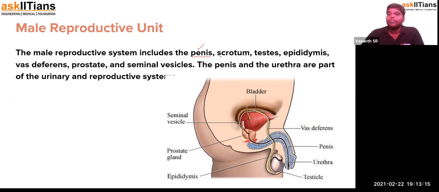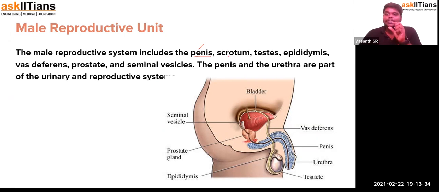The scrotum is a muscular bag of skin that holds the testis in place. See, I'll give you one important tip about this. The scrotal sac is seen outside in the male. Why? The testis is also found outside the body. Why?